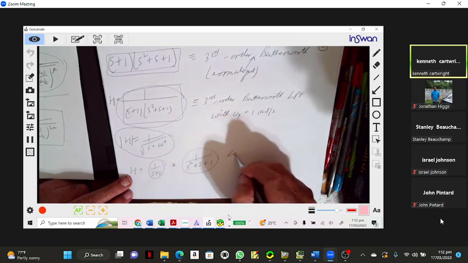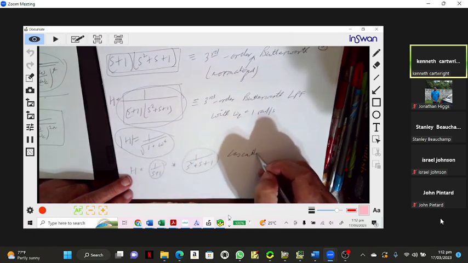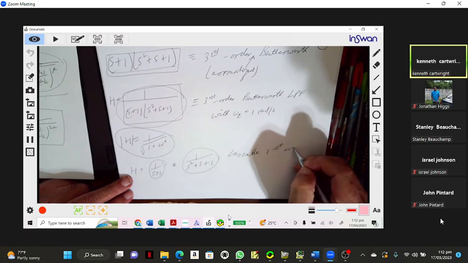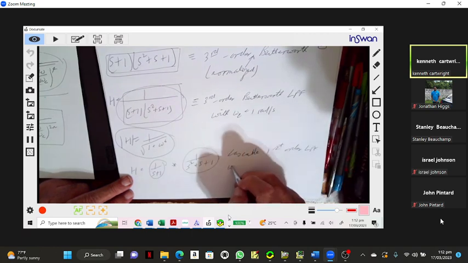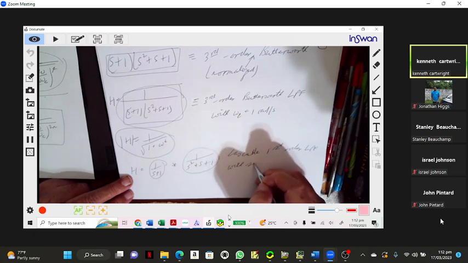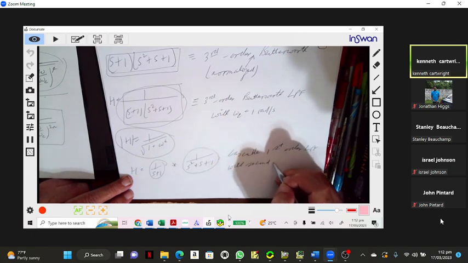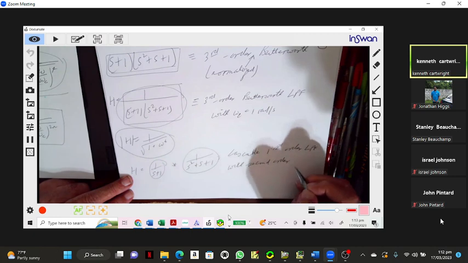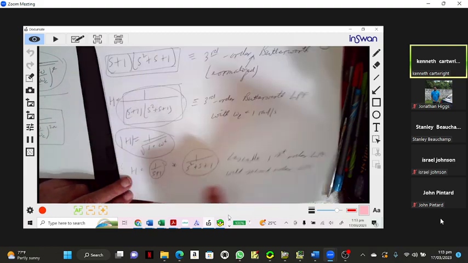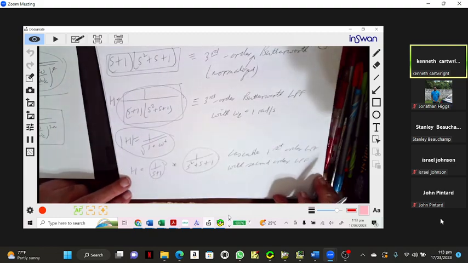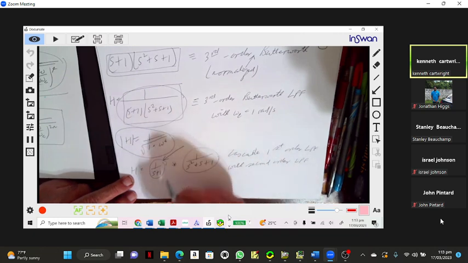Okay, so cascade first order low pass filter with second order low pass filter. Notice now, is this Butterworth? Is this the first order Butterworth?